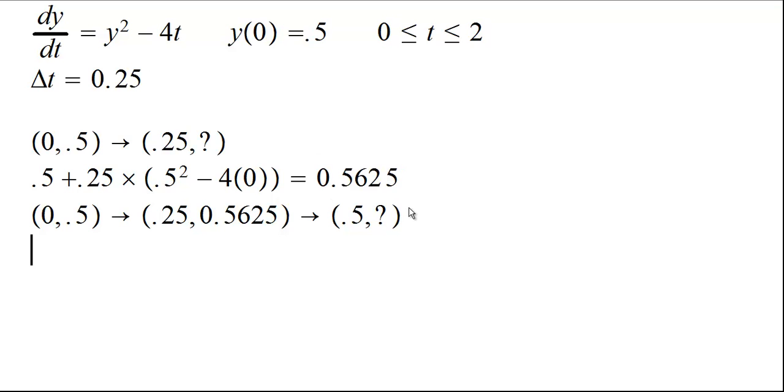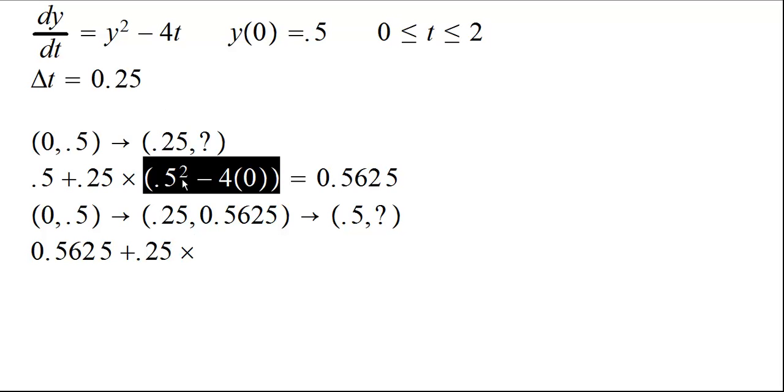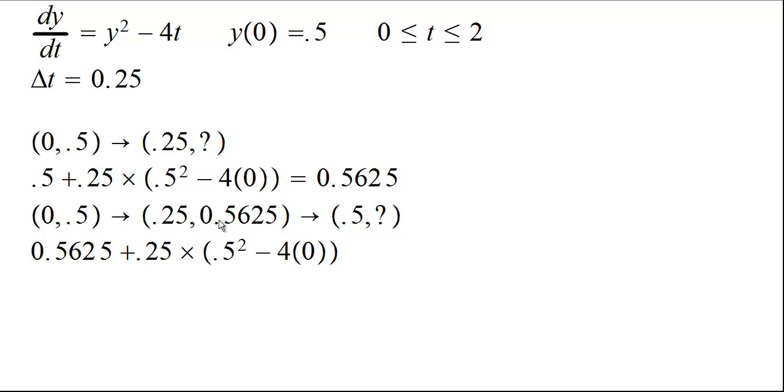That is, take this altitude and then add our run times the slope. Now this time, these values will change. Why? Because now we are starting at this point. So let me change this here.